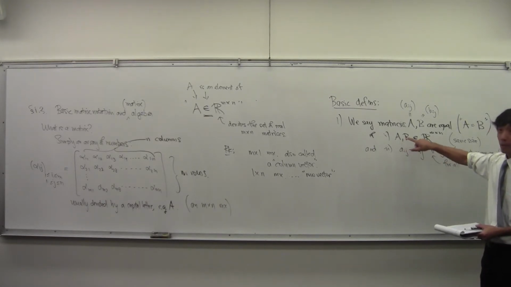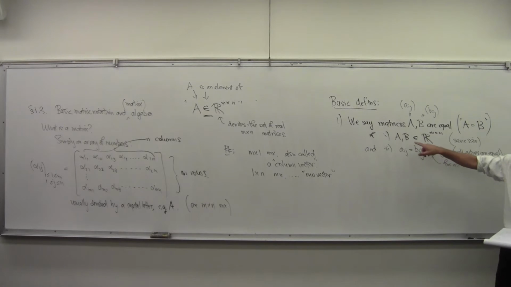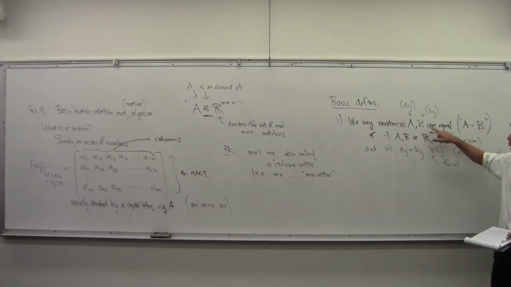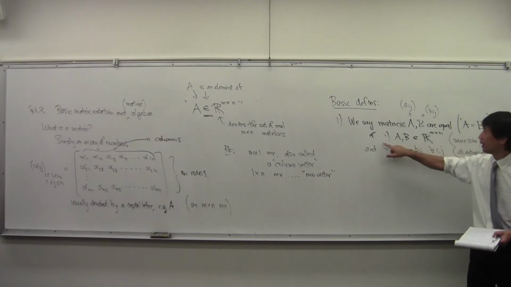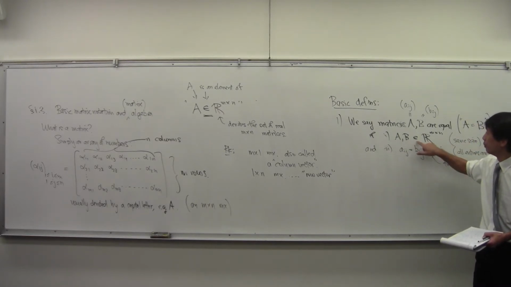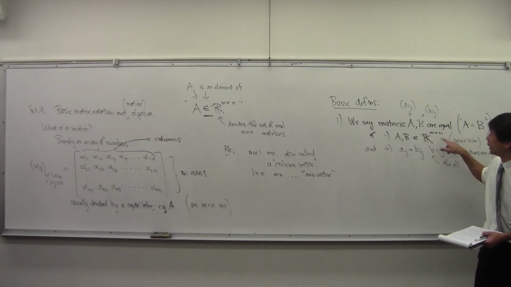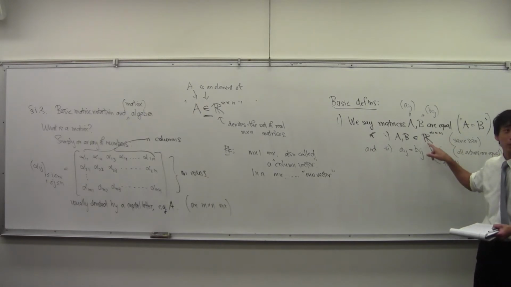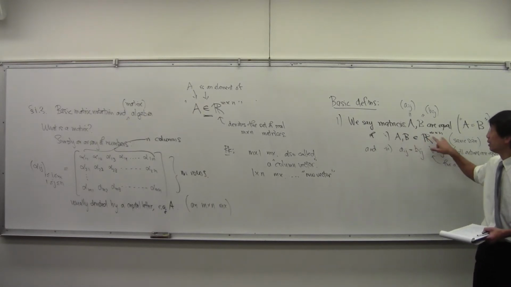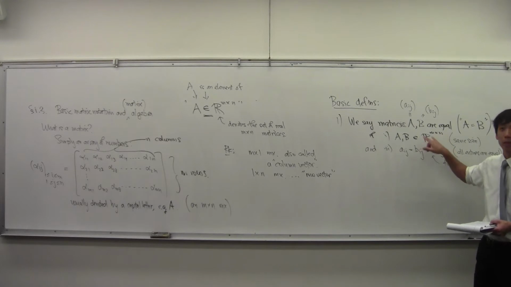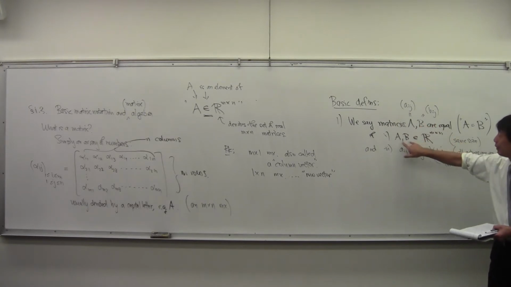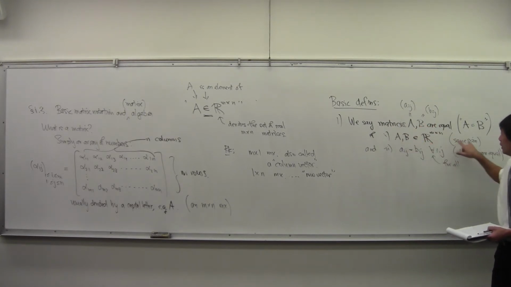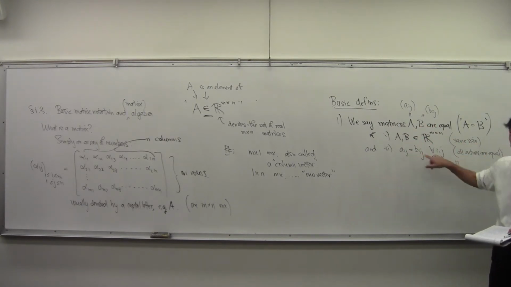So let me read this in English. We say that matrices A and B are equal, that A equals B in notation, if A and B are both elements of the m×n matrices. So they're both the same size, and two, all their entries are equal.